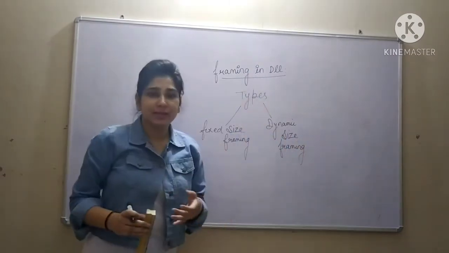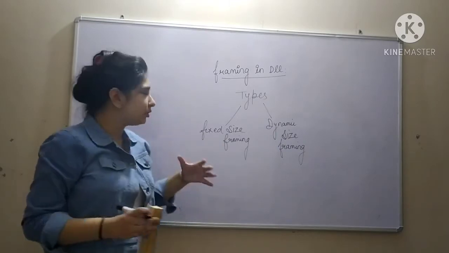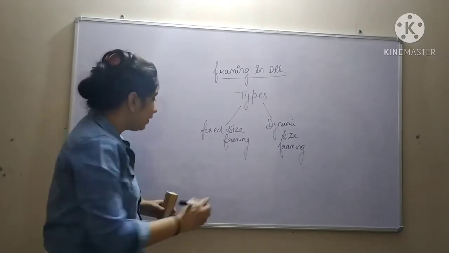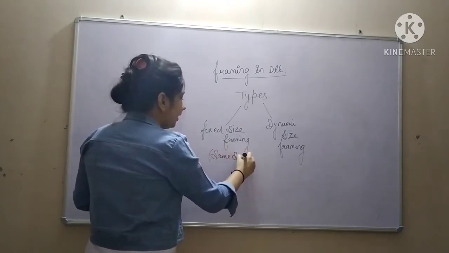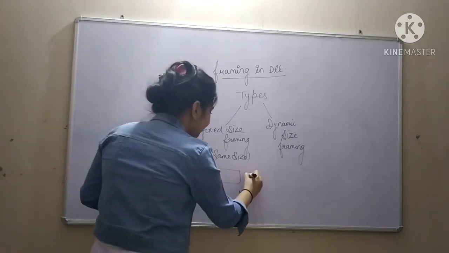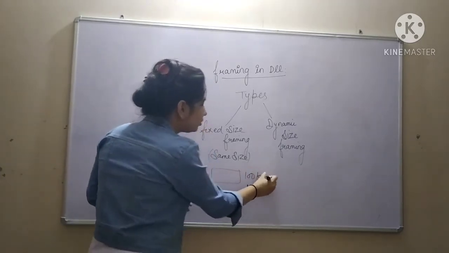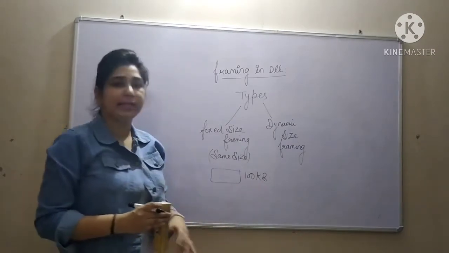So what is fixed size framing? All the frames which you are sending on the network have the same size. Let's suppose all the frames are going to be 100 KB. Each and every frame which you are sending on the network has a size of 100 KB.